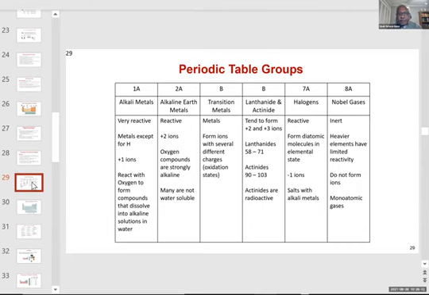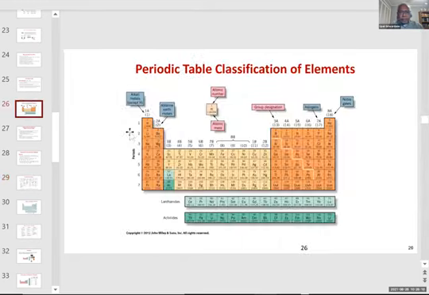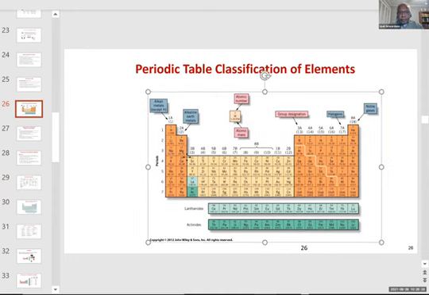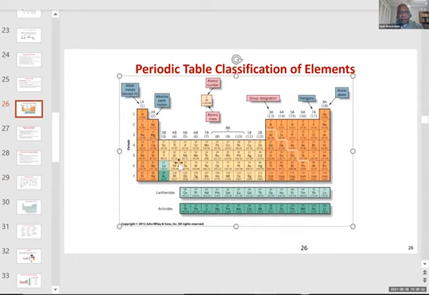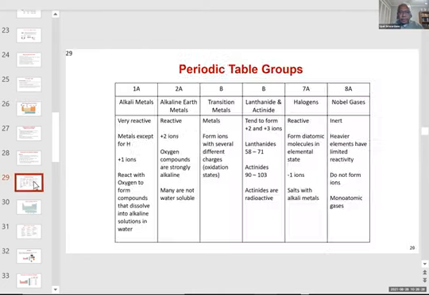Transition metals are the middle groups, right here in the middle in yellow. These are transition metals. They form ions with several different charges.